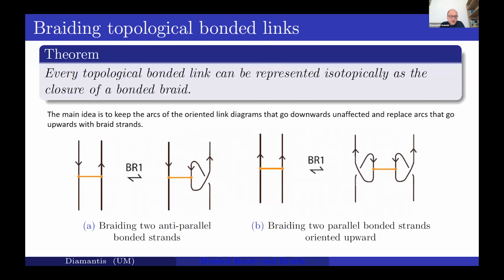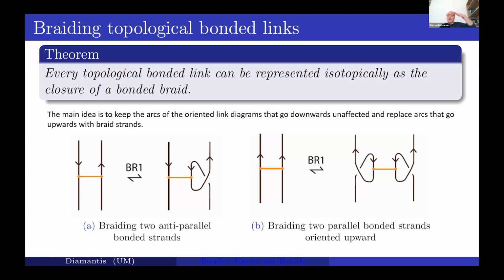The most important thing, and this is I would say the conclusion of today's talk, is that you can actually turn any topological bonded link into a bonded braid. Unfortunately, not any rigid vertex bonded link. This is because if you have two strands with opposite, antiparallel orientations, then using the classical topological bonded link isotopy, you can form a Reidemeister one move and change the orientation of this one to be downwards, right?